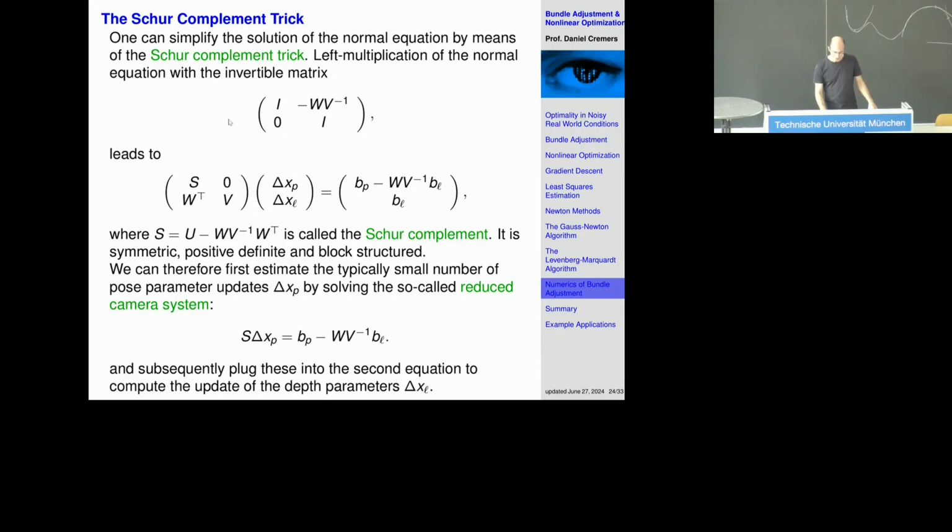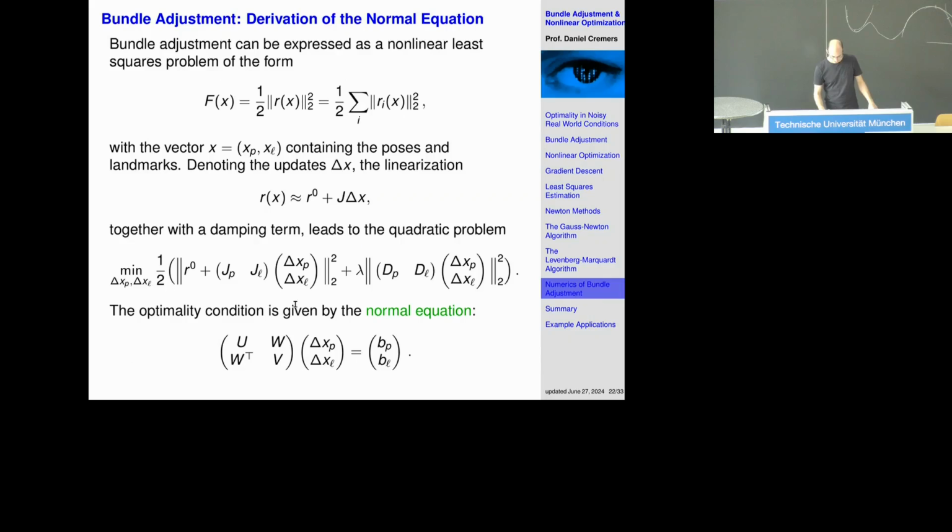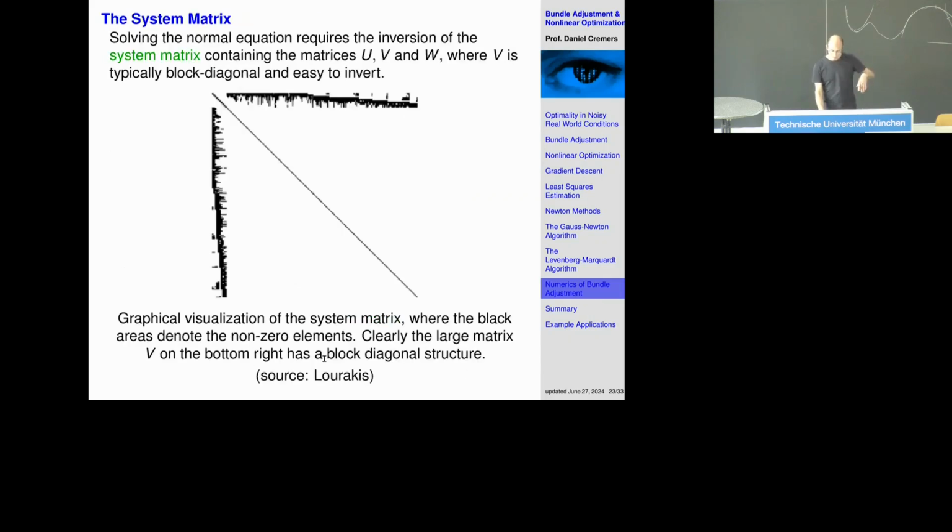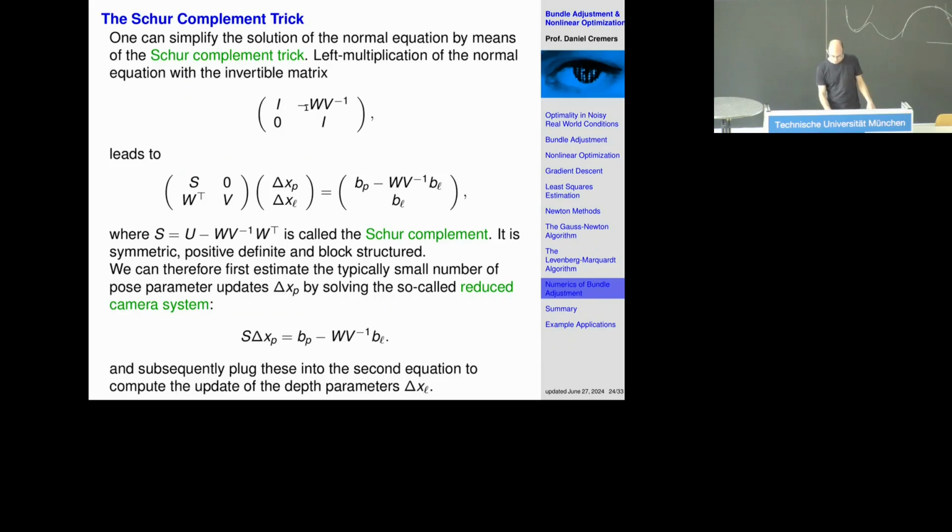What he showed is if you take this matrix, this one here, UW, this whole equation basically, and you left multiply with this invertible matrix. Don't ask me how he found this. But let's take this matrix and left multiply. What you end up with is this equation system.